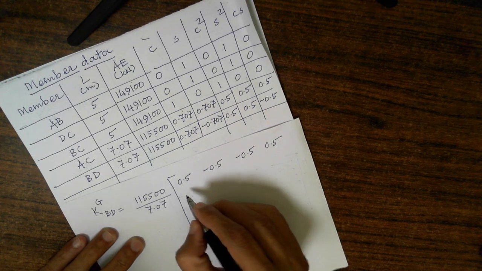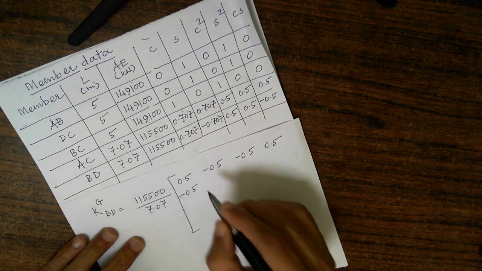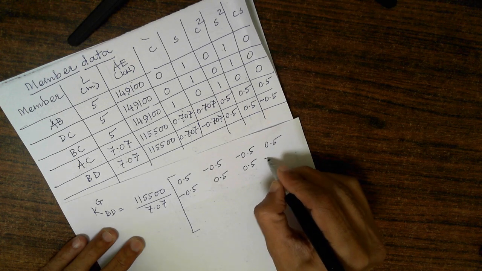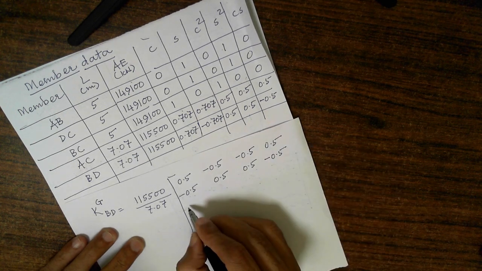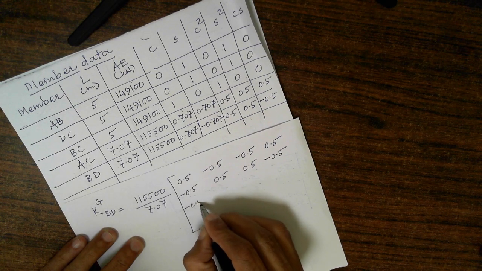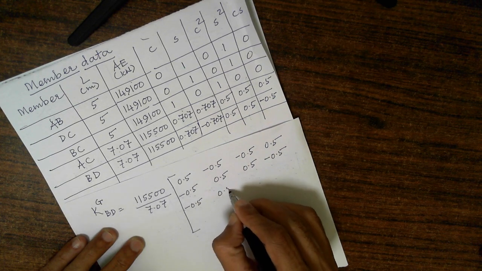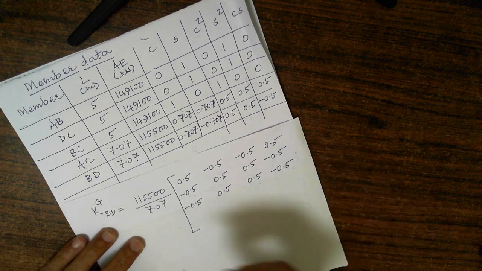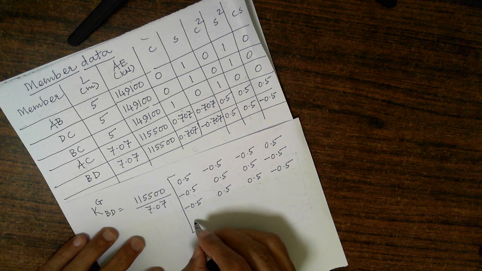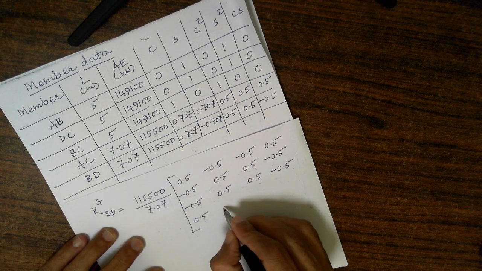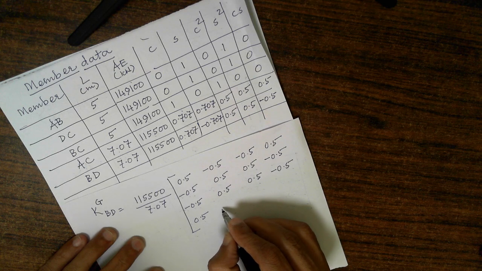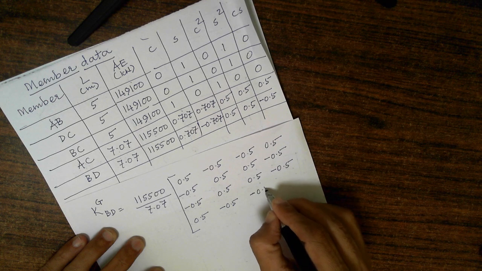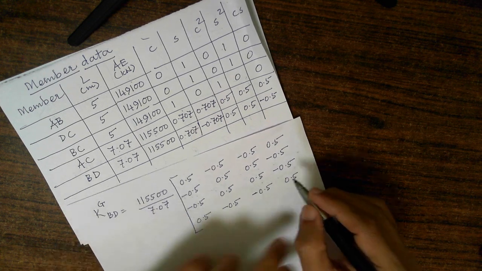Now CS, that is minus 0.5, S square 0.5, minus C square, minus S square, minus CS, minus C square, minus CS, C square, CS, minus CS, minus S square, CS, S square.